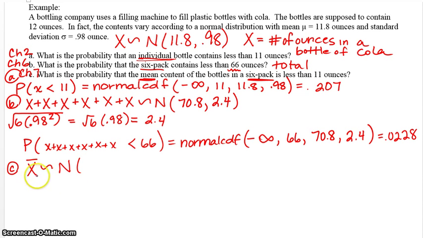So since we just learned that the mean of the sampling distribution is the same as the population mean, that's going to be 11.8. The standard deviation is smaller, so that's going to be 0.98 over the square root of n, which in this case is 6.